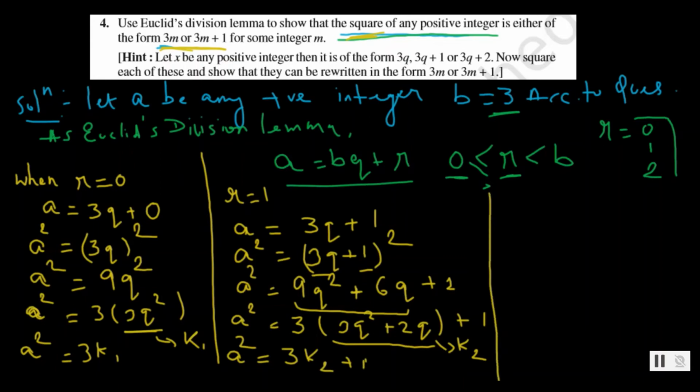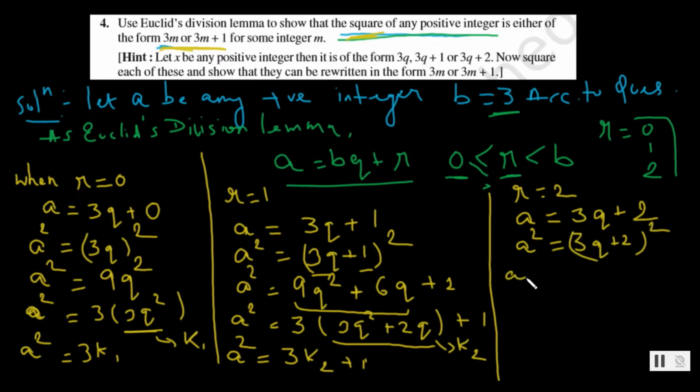Now again we will solve for r equals 2. Again writing the equation 3q plus 2, squaring both sides, 3q plus 2 whole power 2. This will result in 9q square plus 12q plus 4.